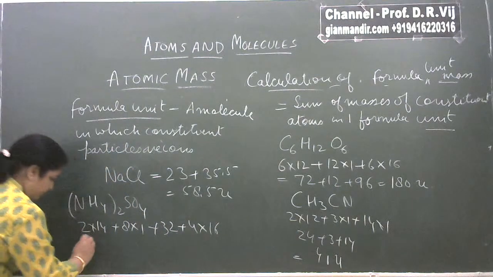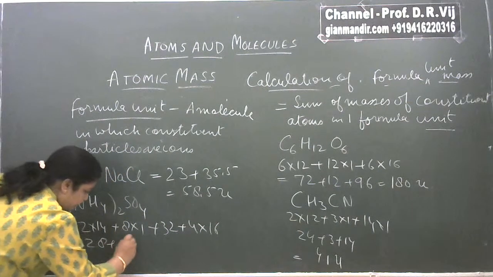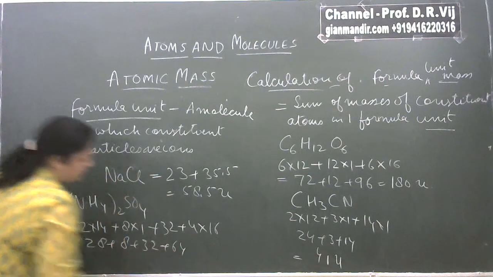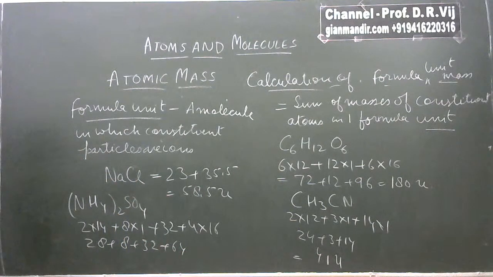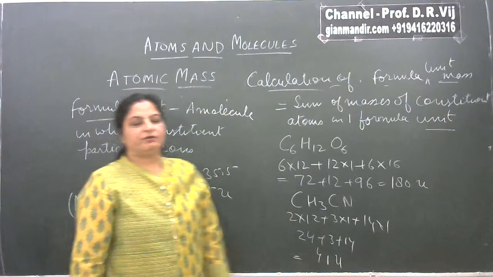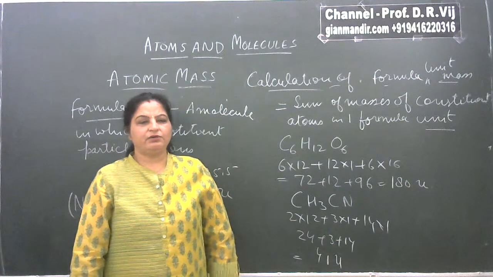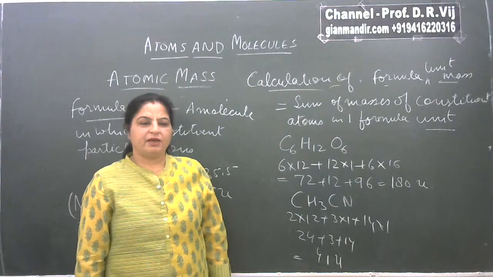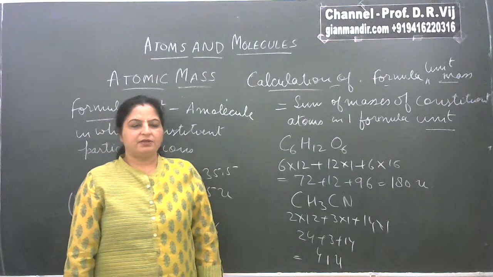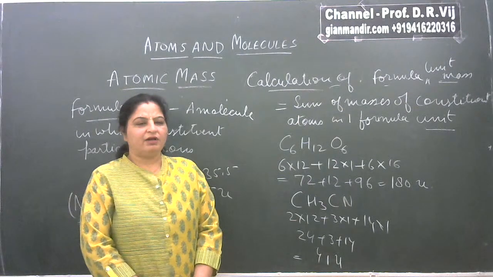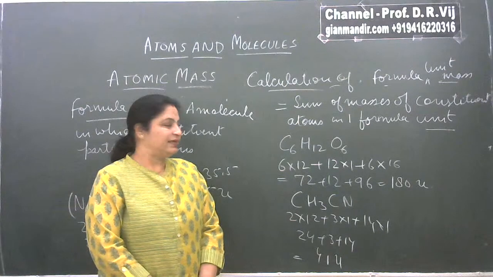So it comes out to be 28 plus 8 plus 32 plus 64. When you sum up, you will get the formula unit mass of ammonium sulfate, right? So this is how you can get the molecular mass and formula unit mass by knowing the atomic masses of constituent particles, right? So that is all about today's lecture.